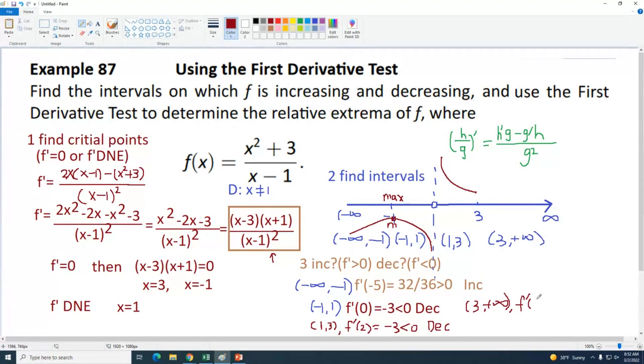So we're going to plug 4 into the derivative function. 4 minus 3, 4 plus 1, that makes it 5, and 4 minus 1 is 3, squared is 9. So the answer is 5 over 9, which is positive. So we know it's increasing. Not a big increase, the slope is not big, but it's still positive, so it's still increasing.